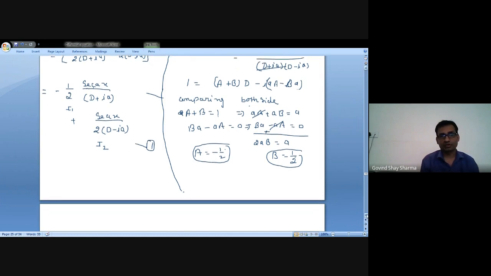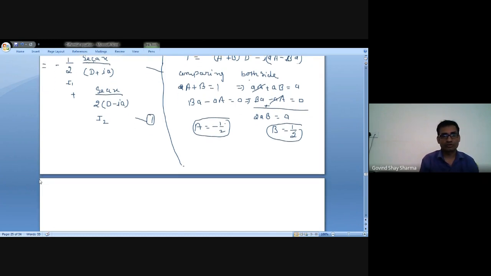So I1 is equal to minus 1/2i, it is a constant, so we need not take it here.